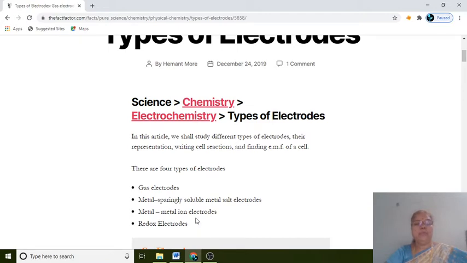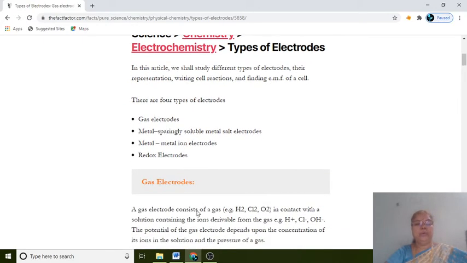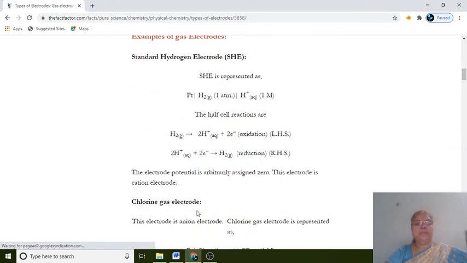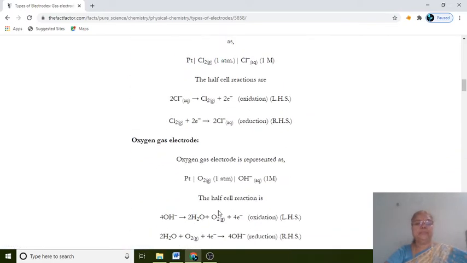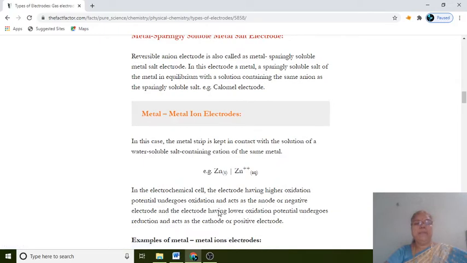At first, we will see what is the metal ion electrode. The first type of electrode is the metal ion electrode. That means any metal when it is in contact with its solution.